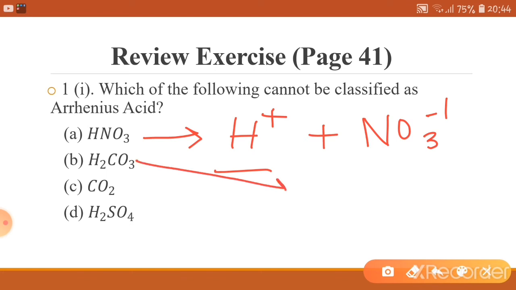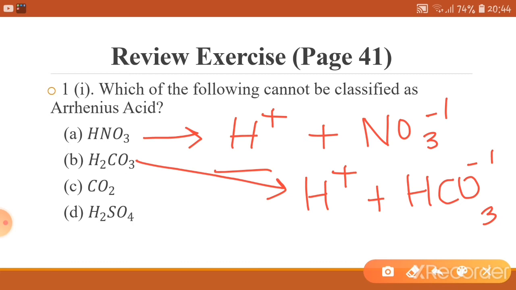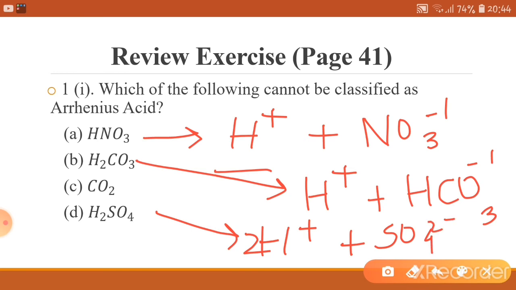Similarly, for carbonic acid, we may write that it, when dissolved in water, also results in the generation of hydrogen ion. Same is the case for sulfuric acid, that when it gets dissolved in water, it results in the generation of hydrogen ions. So this means that all these three options are related to Arrhenius acids.